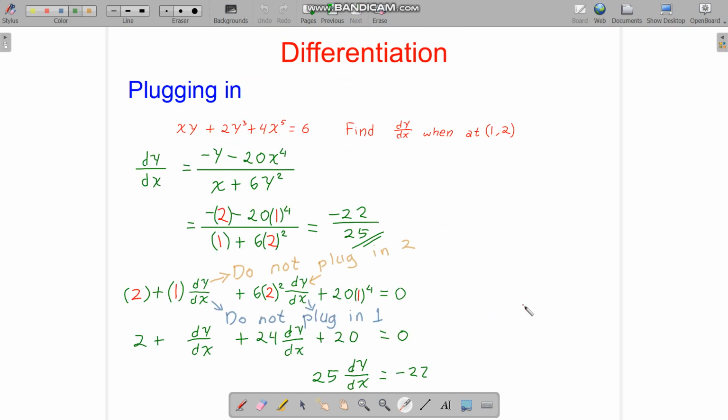Now plugging in, exactly the same example. We have found the dy/dx, which is this. Now if you need to find the dy/dx, or the gradient, at (1, 2), you replace the x with 1, the x with 1, the x with 1, replace the y with 2, and you get the dy/dx.